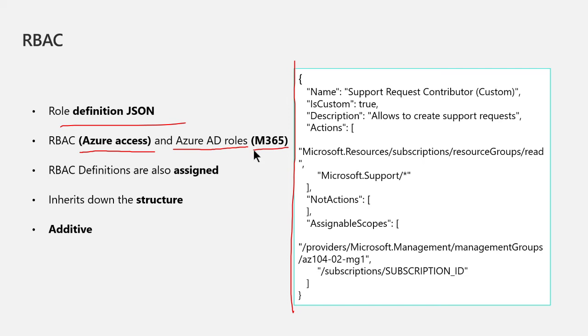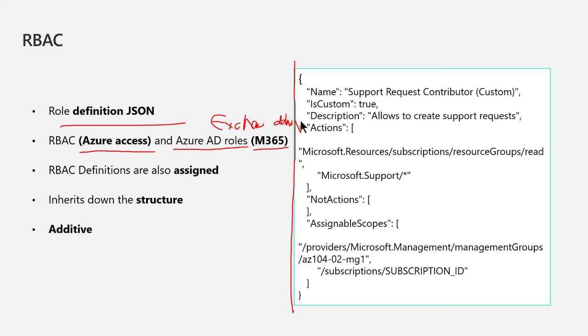And you'll see if you have Microsoft 365, you will see some additional roles inside of Azure AD, which do not pertain to RBAC. They pertain to Microsoft 365. I'll give you an example, something like Exchange admin.